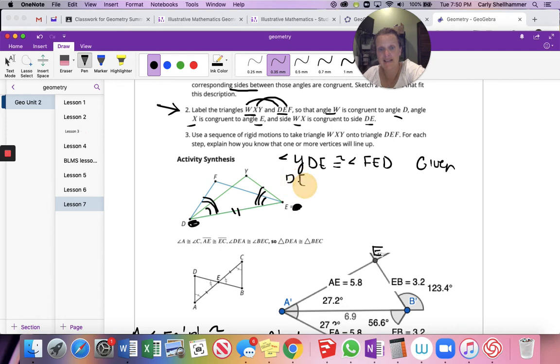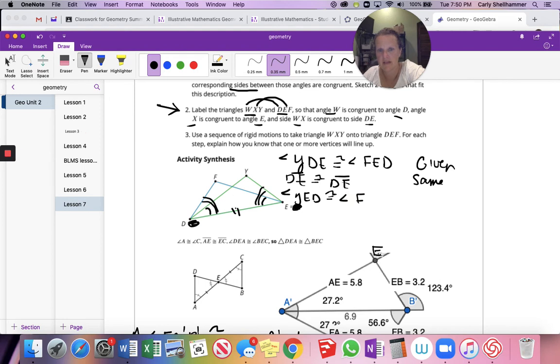Side DE is congruent to side DE because they're the same, because it's reflexive, because it's given. And then, let's see, we did YDE. So now we needed YED is congruent to angle F.